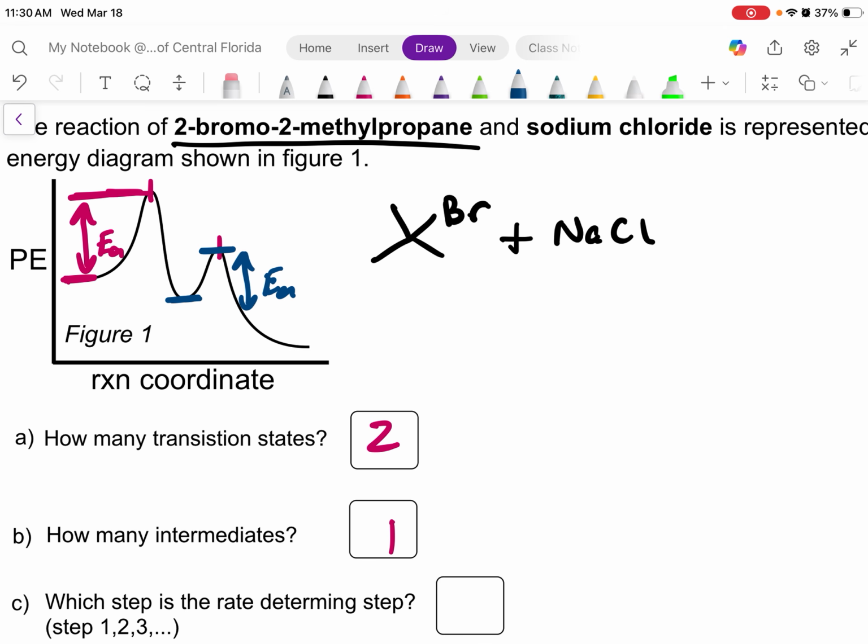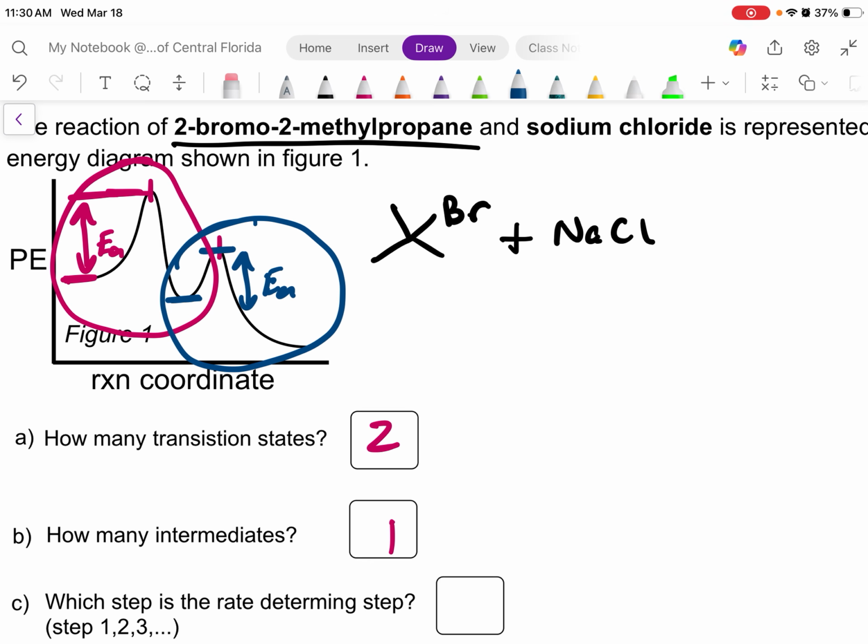So what step is rate determining? Well, this from starting material to that transition state, or from starting material to that intermediate is step 1. And then from the intermediate to the product is step 2.